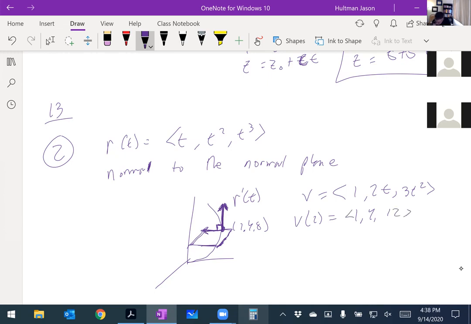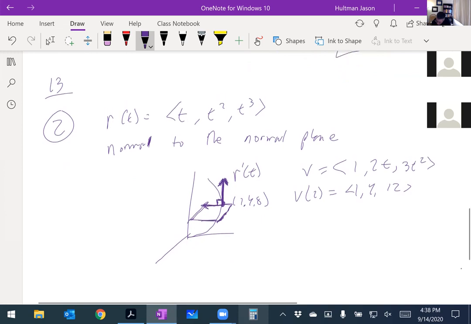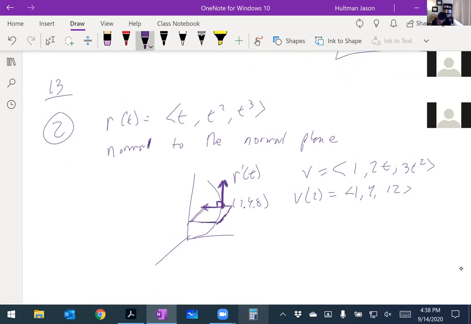Then we use the equation of the plane: a times x minus x1 plus b times y minus y1 plus c times z minus z1 is equal to 0. All you do is plug in your 1, 4, and 12, and then your 2, 4, and 8, and then solve.